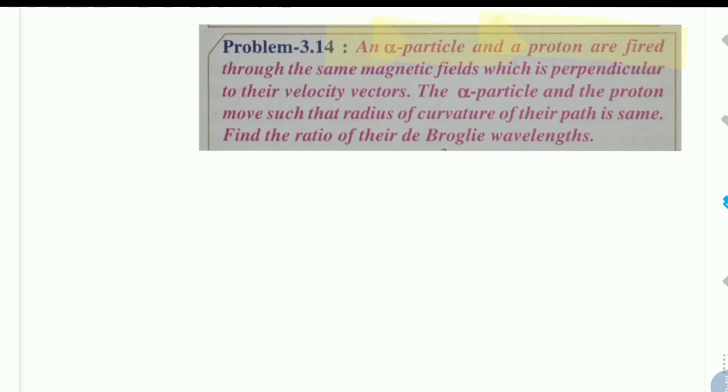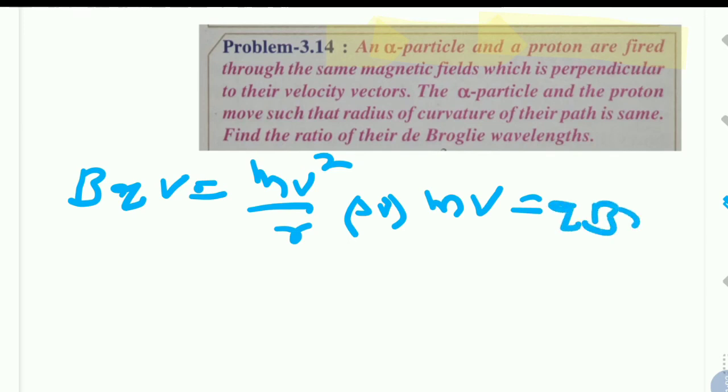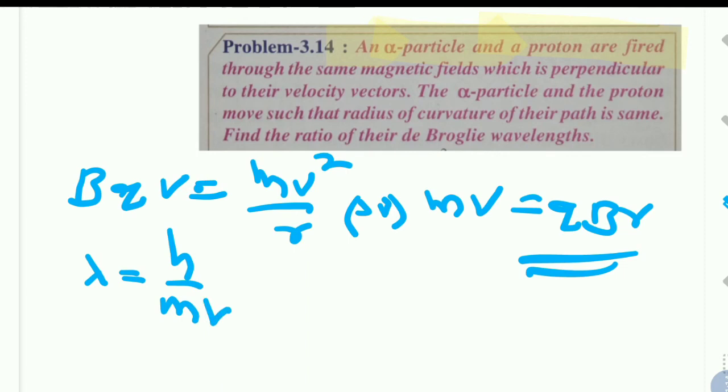So BQV is equal to mv square by r, or mv is equal to qBr. Then the de Broglie wavelength lambda is equal to h by mv, so h by qBr.